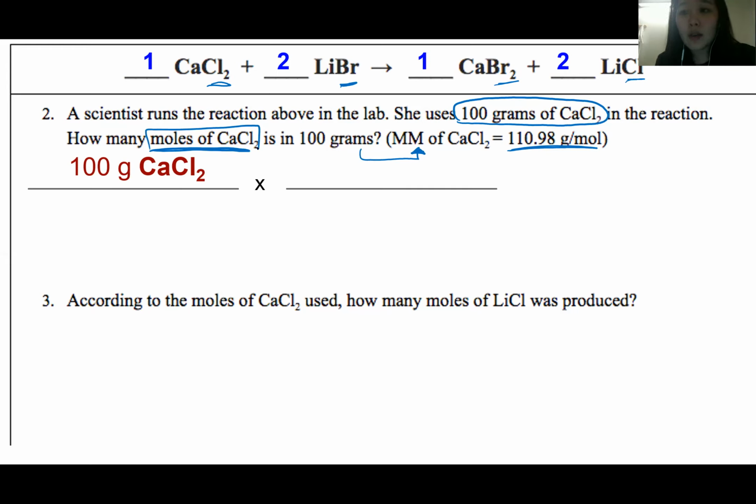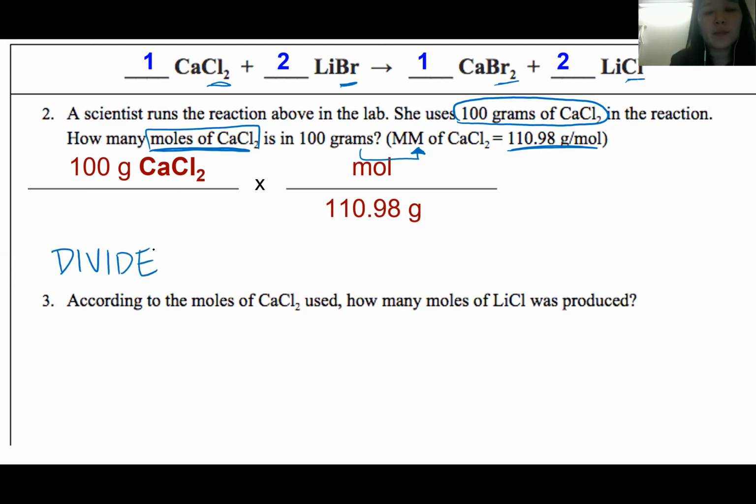When you're given grams and you want to solve for moles, remember this is going to be a division problem. We're going to divide by molar mass, and I get 0.90 moles of calcium chloride. This problem is like a review problem from last week.